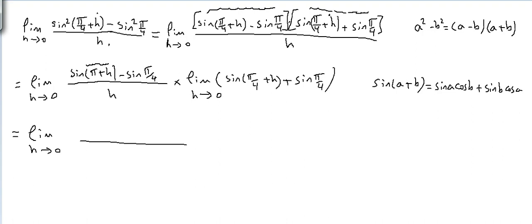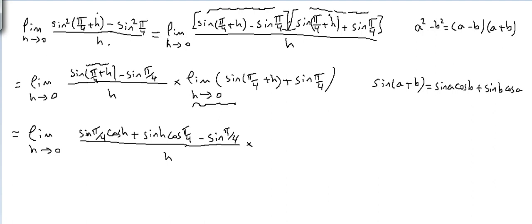Sorry, this is not pi, this is pi over 4. So it will be sine pi over 4 cosine h plus sine h cosine pi over 4 minus sine pi over 4, over h, times the limit here.